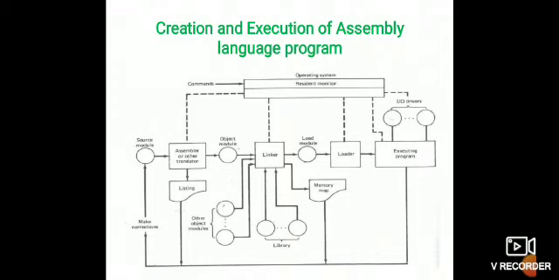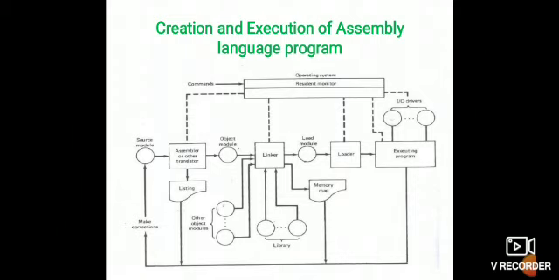And this diagram shows how the assembly language program is created and executed. So you could see a source module, and the source module is given to an assembler or any translator, where this will be converted into object modules. The object modules, along with the library functions, are given to the linker, and the linker will convert these object modules into the load module, and certain modules can even be relocated in a particular memory allocation, which we put as a memory map here.